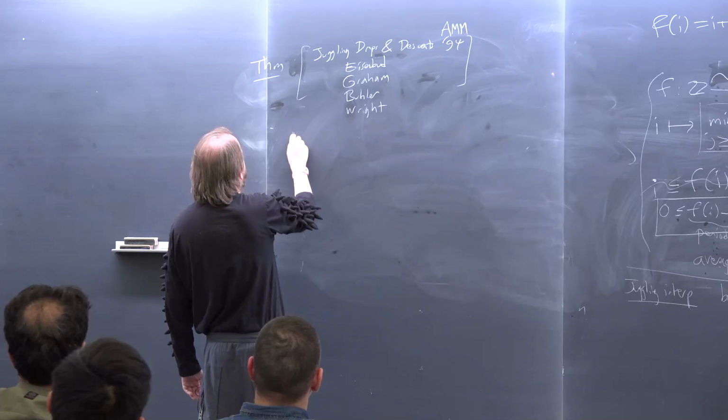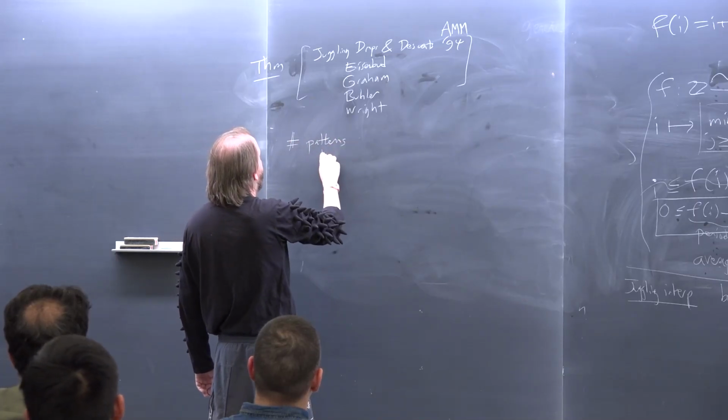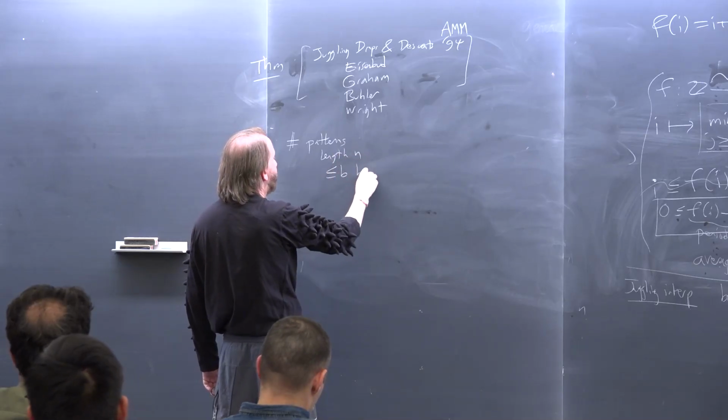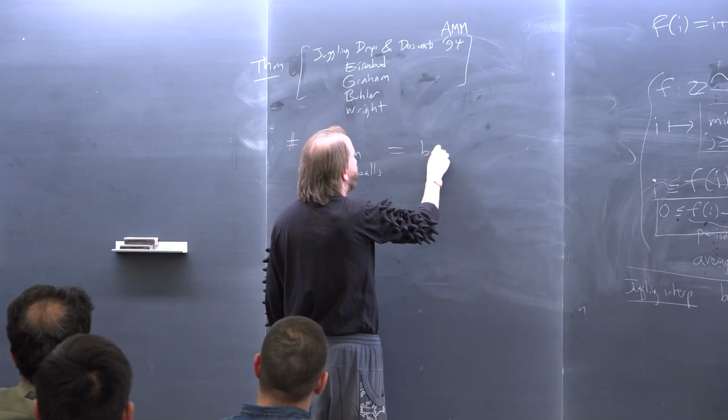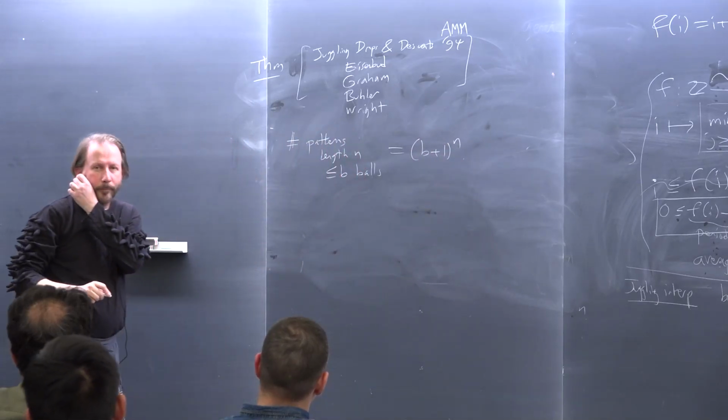The number of patterns with length n and at most b balls is b plus 1 to the n. So that's a nice little theorem.